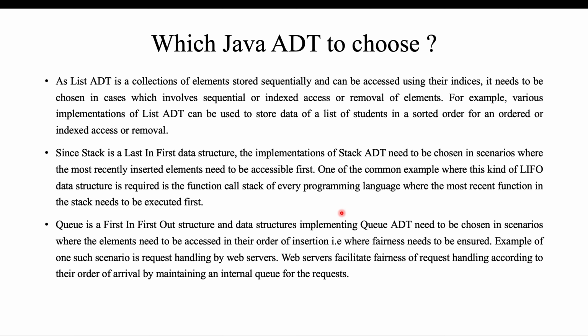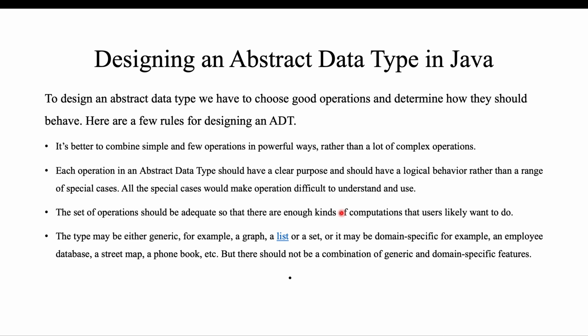That means whatever is present on the top of the stack would be executed in the first place. Okay, so this is how we can choose what type of abstract data types we need in order to execute the scenario.